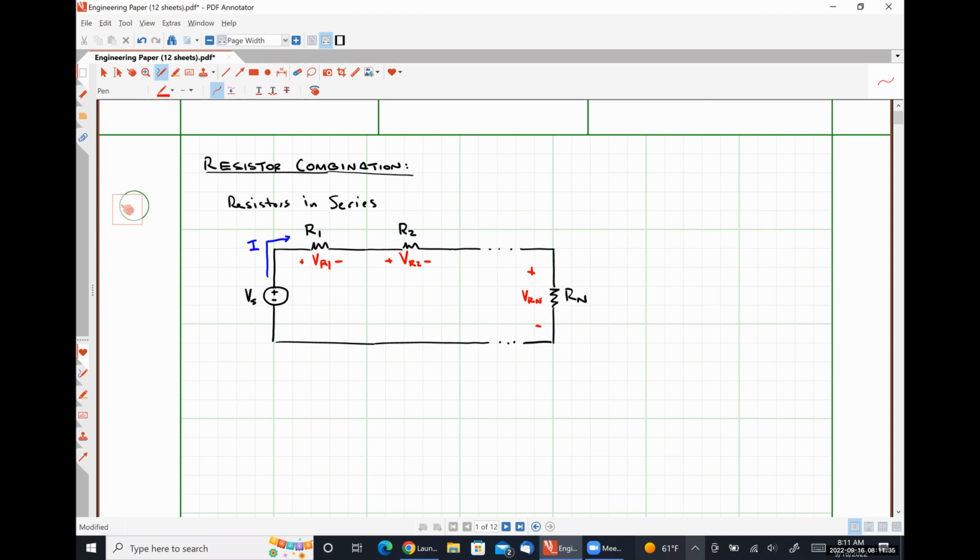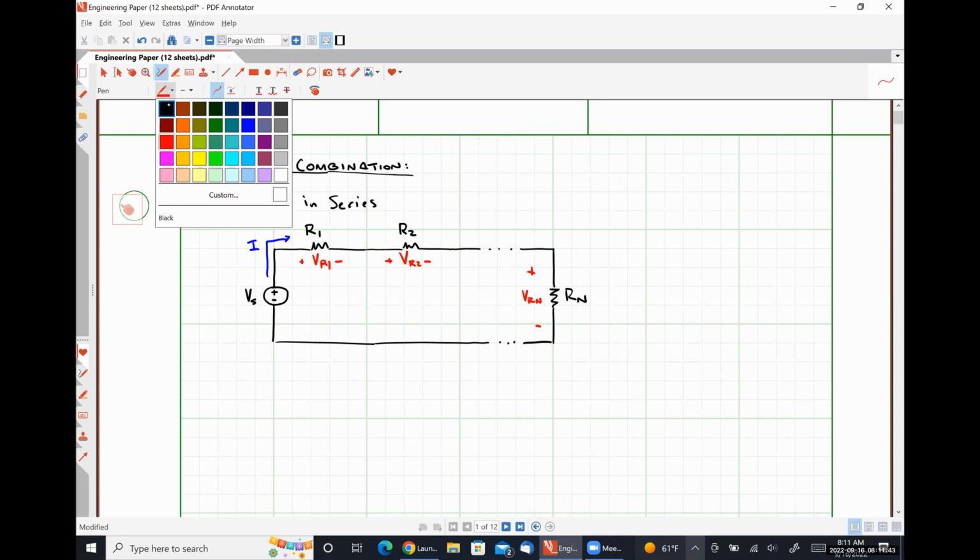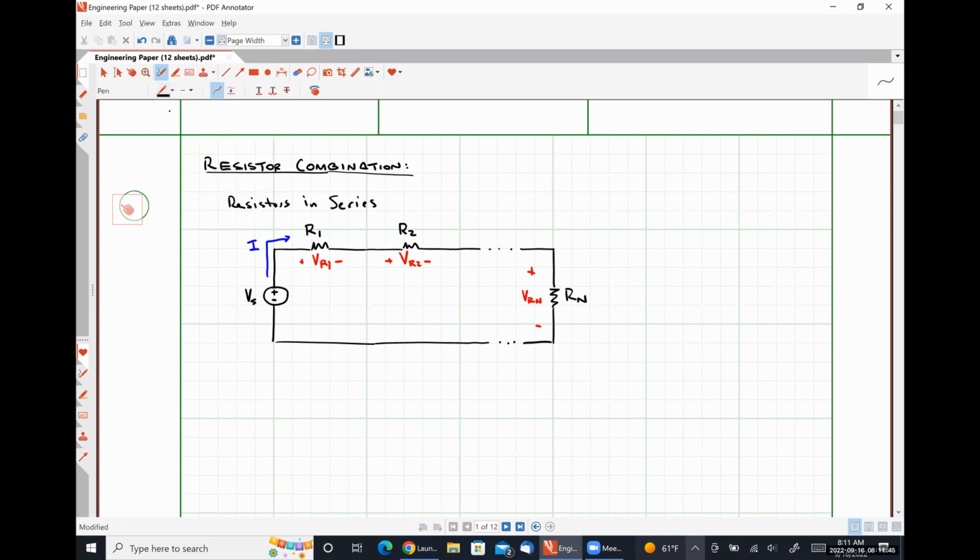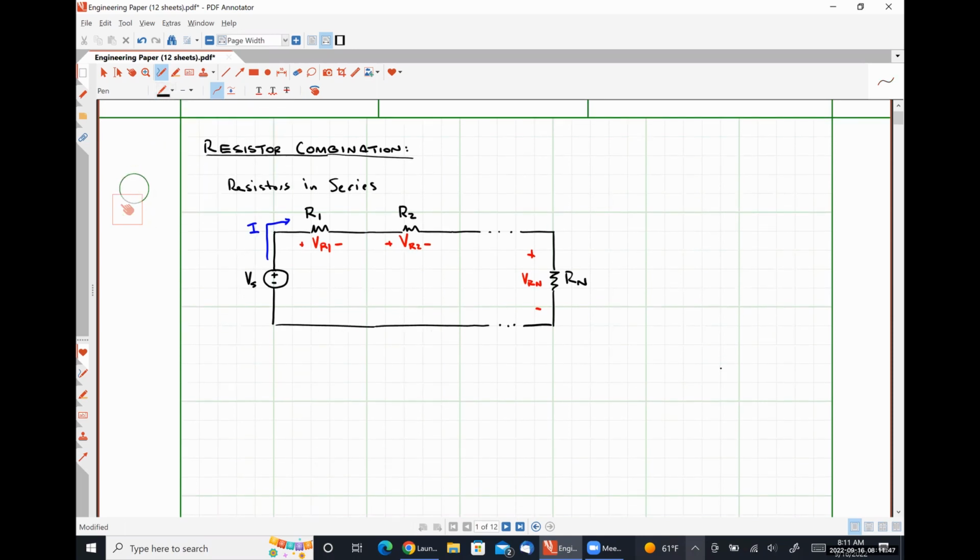Effectively, I chose this polarity to make sure I don't have a bunch of random negative signs all over this.